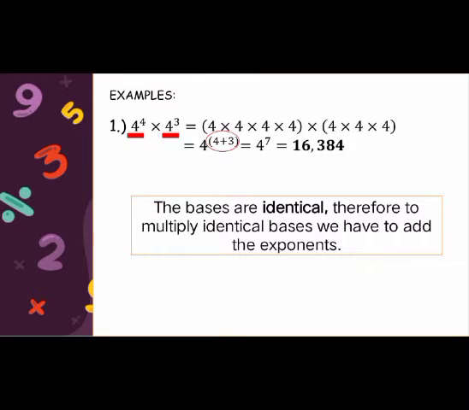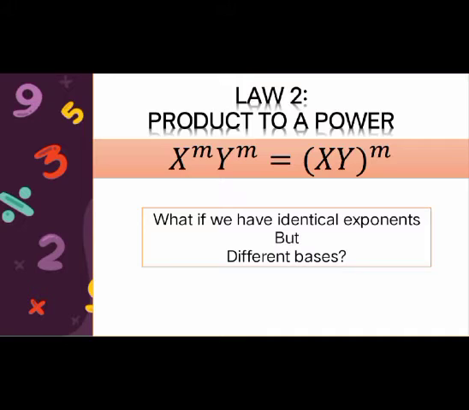So we will get 4 to the power of 7. And then we multiply 4 by itself 7 times, so we will get the product of 16,384.